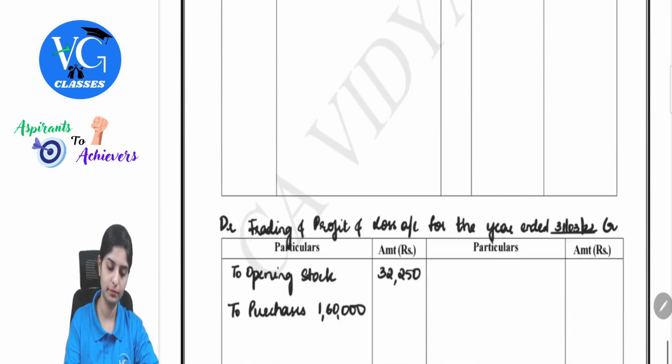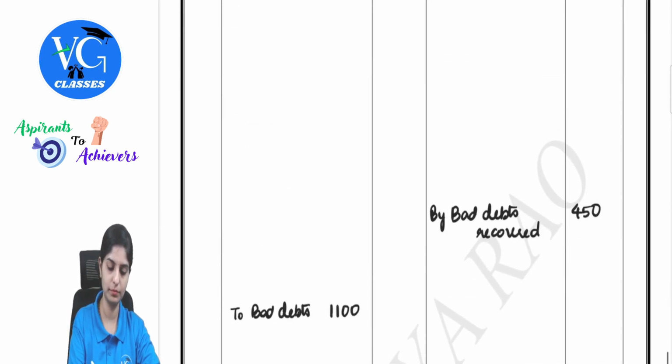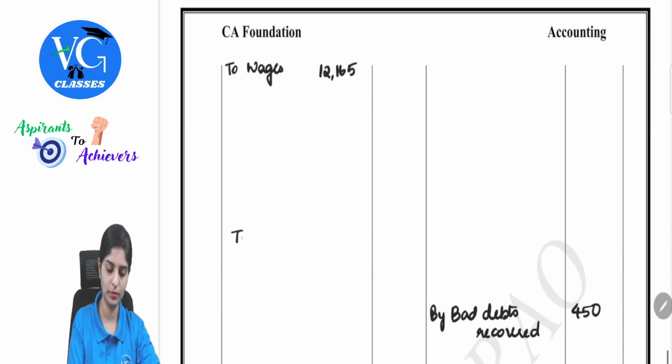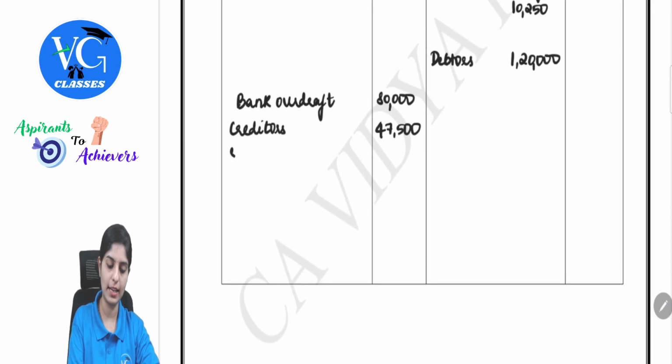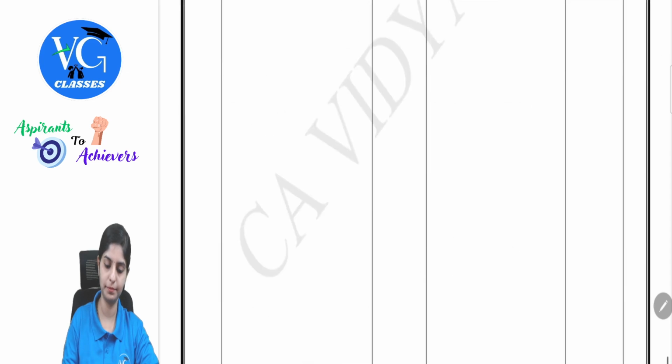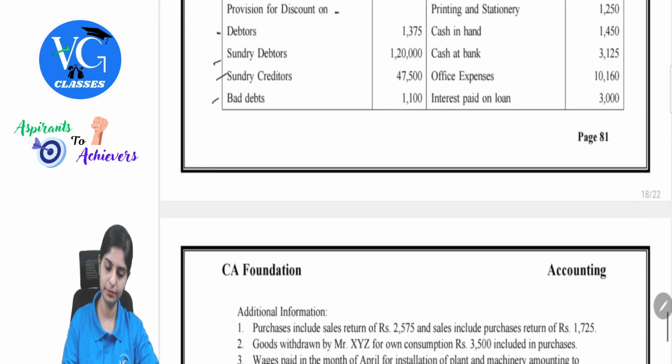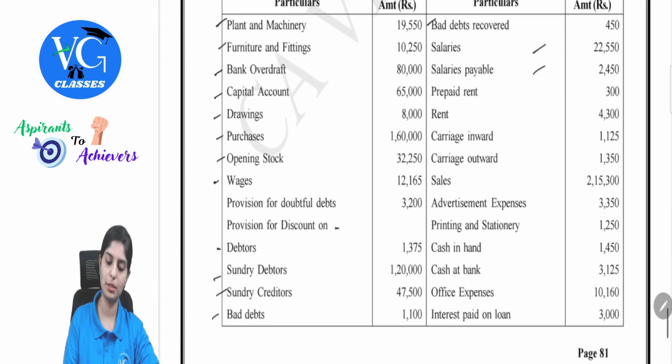22,550 to salaries, 22,550, and then there is salaries payable 2,450. Next, prepaid rent and rent. Same consideration again.